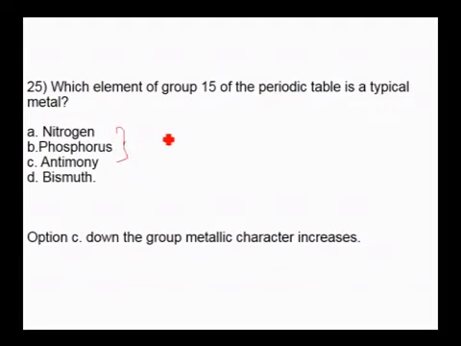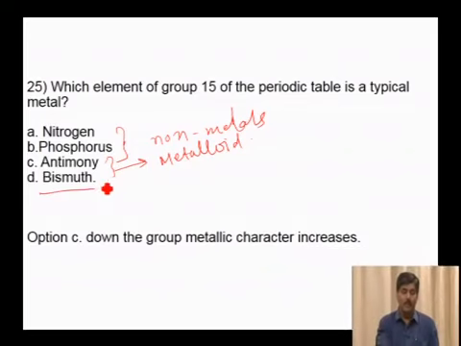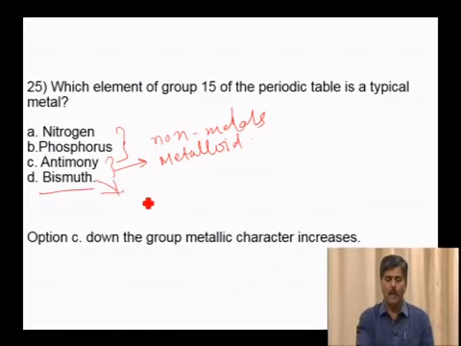Nitrogen and phosphorus are typical non-metals because of their high electronegativity. Here antimony is a metalloid, so its properties are similar to metal as well as non-metal. Hence, the actual metal in this group is bismuth.